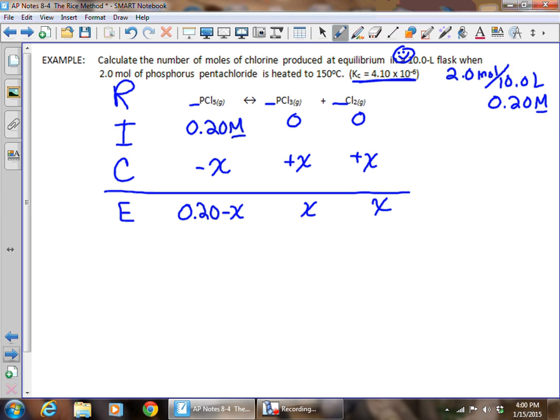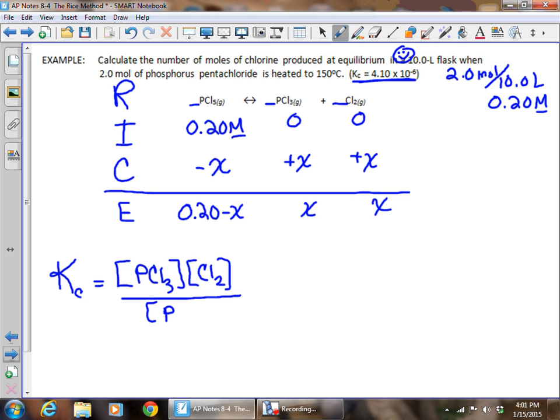So now the next thing we need to do is to write our expression. And we're dealing with these values in terms of concentration. So Kc is equal to the concentration of PCl3 times the concentration of Cl2 over the concentration of PCl5. So there's our expression. It gave us a value for Kc of 4.10 times 10 to the minus 6.